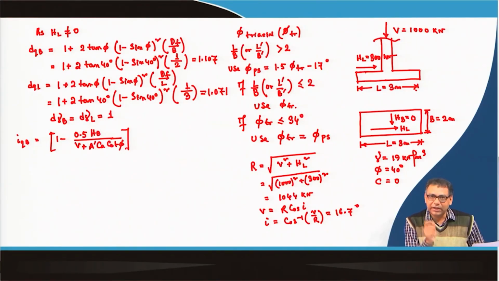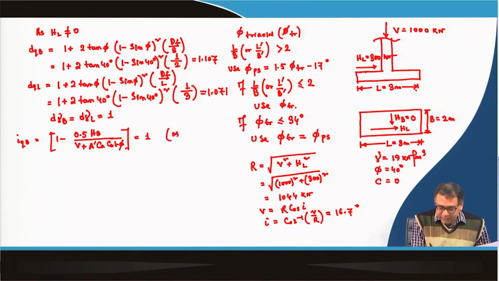That means for the inclination factor and the shape factor, you have to use B dash L dash, in the third term you have to use either B dash or L dash, and for the depth factor you have to use L and B. Remember that. So, this is equal to 1, as HB is equal to 0.